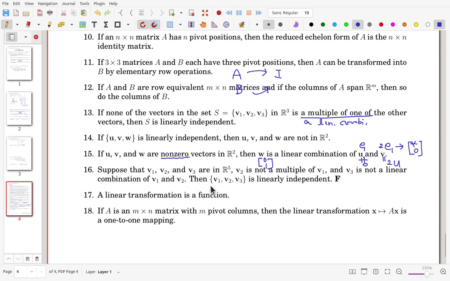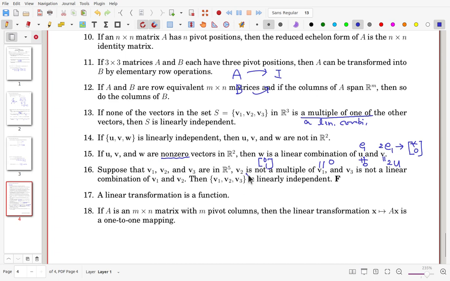Let's try to choose v1, v2, v3 linearly dependent, but the earlier statement's conditions must be satisfied. Now these three vectors are in R5. v2 is not a multiple of v1. Let's try to choose v1 equal to 0.